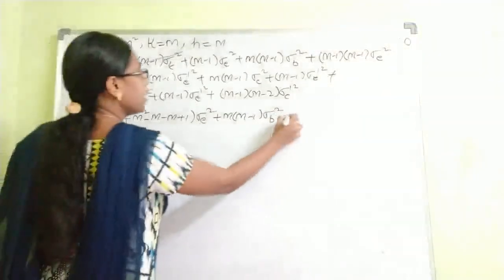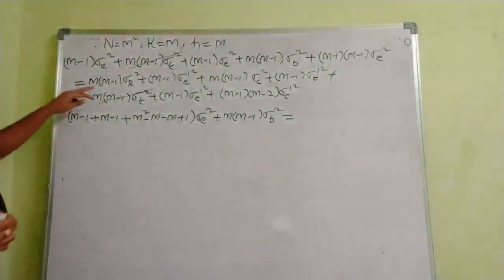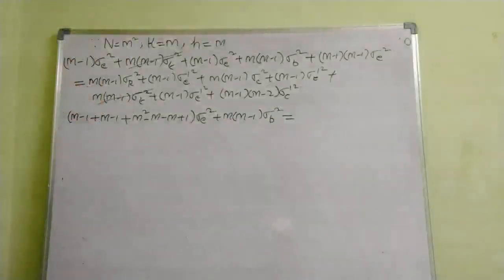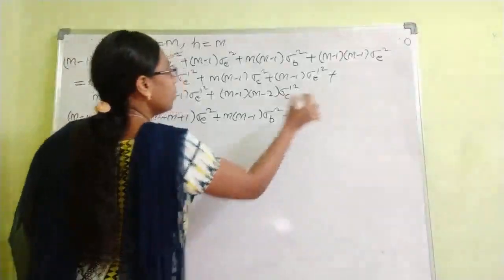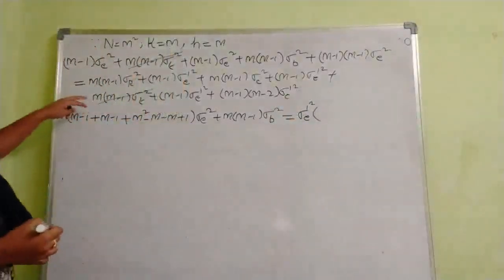So this is equal to, here what all can you take common? First, take sigma e dash square common. So what terms are we going to get?